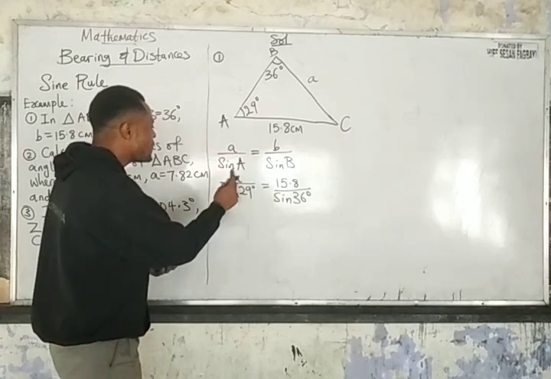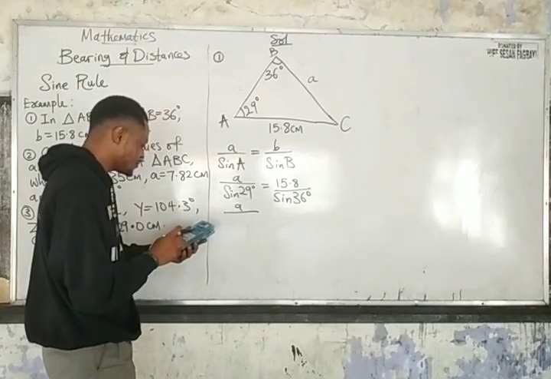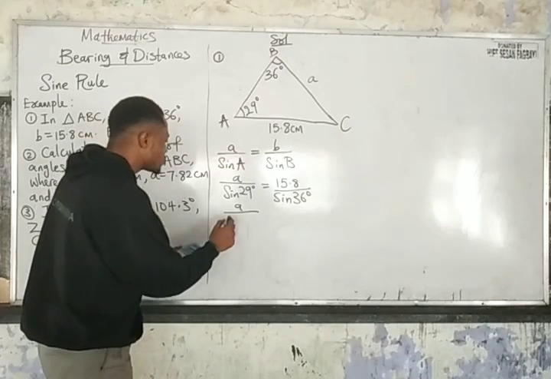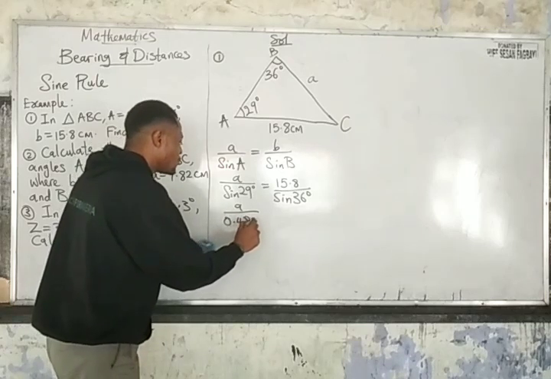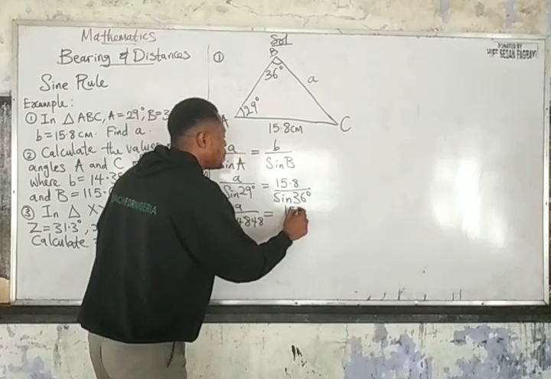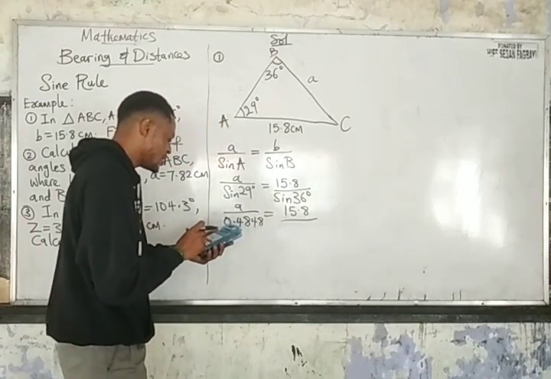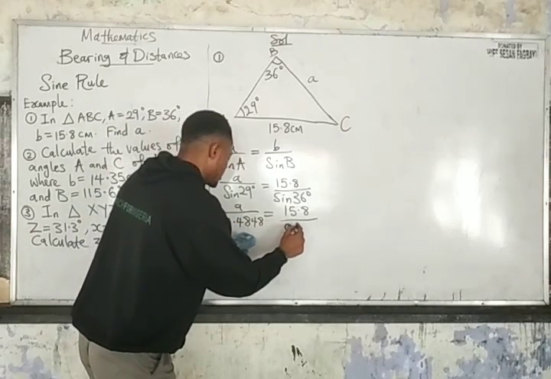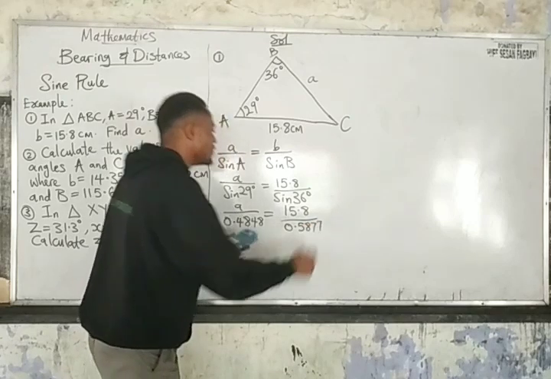So we have a all over sine 29, sine 29 gives us 0.4848, equals to 15.8 all over sine 36, sine 36 gives us 0.5878.